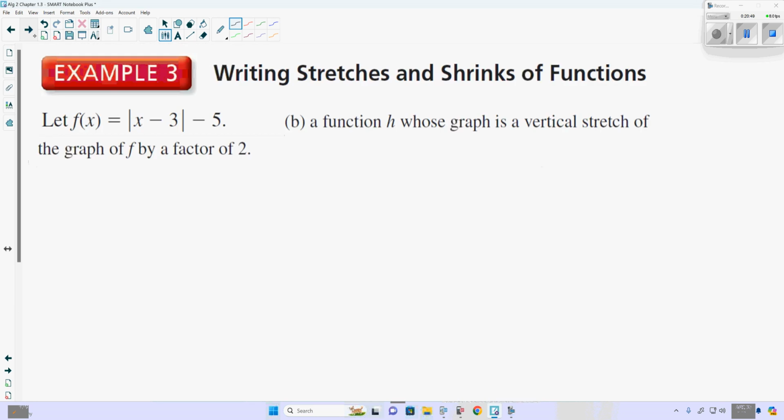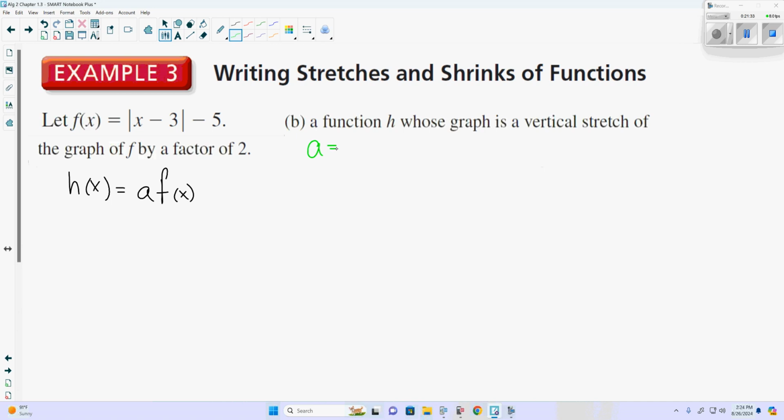Now, luckily, the first one we're going to look at is not horizontal. We're going to look at vertical first. They gave us this function: f of x is equal to the absolute value of x minus 3, minus 5. We want to write a function h of x whose graph is a vertical stretch of the graph of f by a factor of 2. Since we're talking about vertical, we're doing a times f of x, where a is the amount we're stretching or shrinking the graph by vertically.